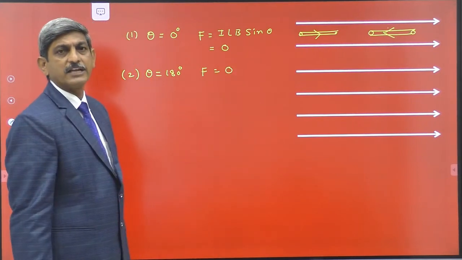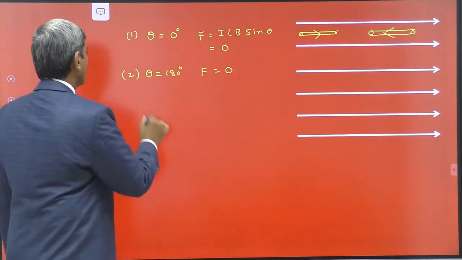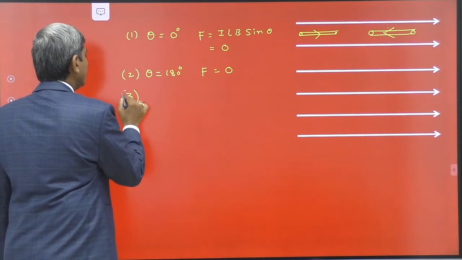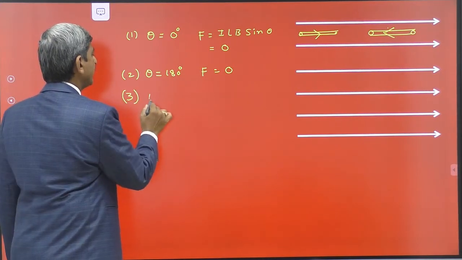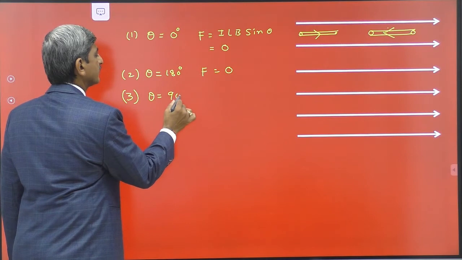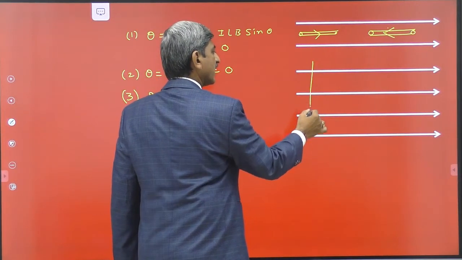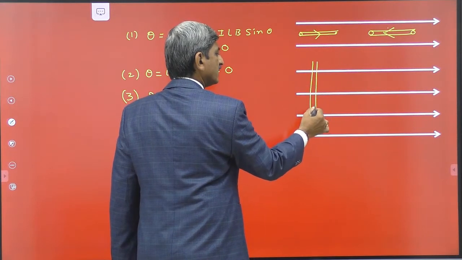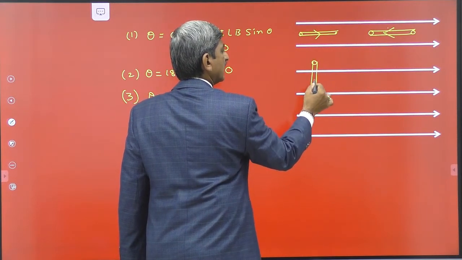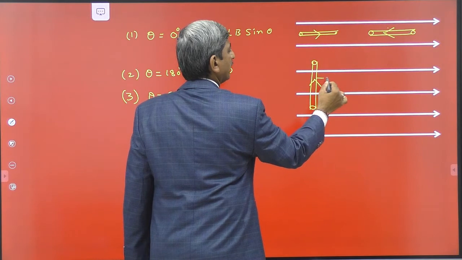Why? Because sin 180 is equal to 0. Now come to another case where theta is equal to 90 degrees. Here the current carrying conductor is placed in the magnetic field such that the length is perpendicular to the magnetic field vector.